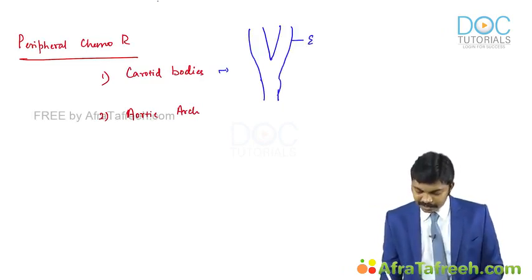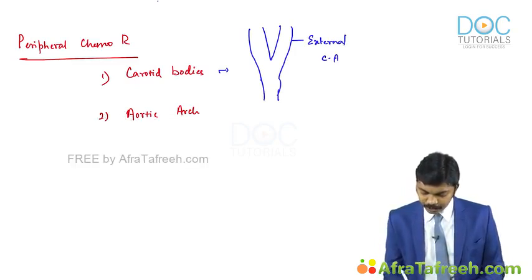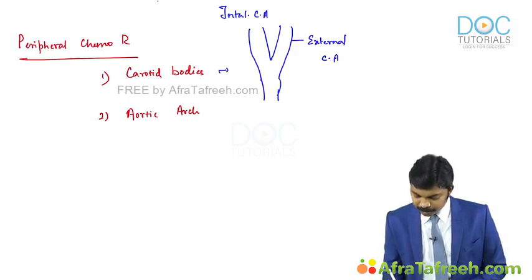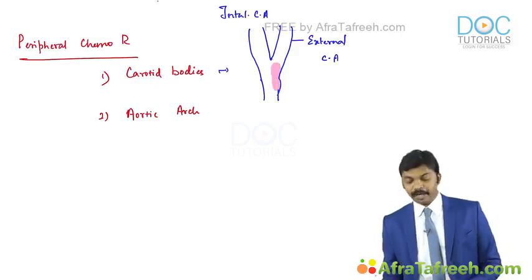So let us take this as the external carotid artery and the second one as the internal carotid artery. Now we have peripheral chemoreceptors located at the junction between external and internal carotid arteries, doctors. This region is called the carotid sinus, where we have the carotid bodies located.